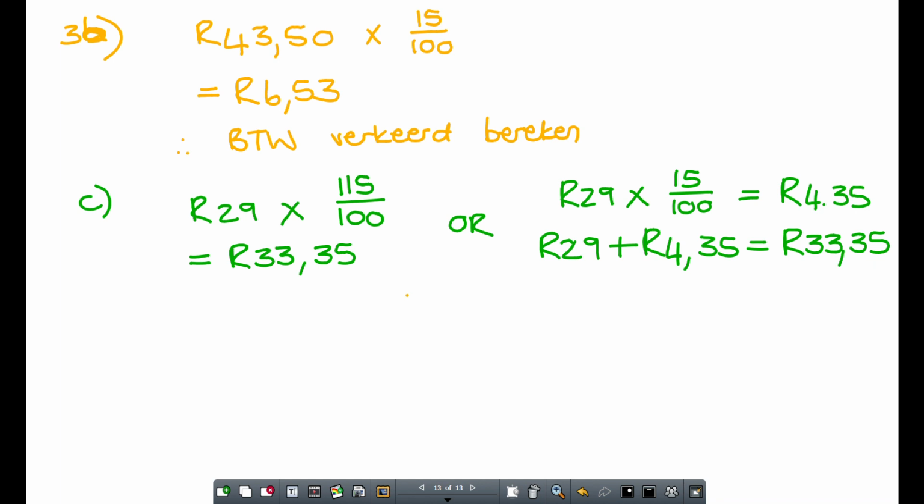Okay, so either the left-hand side option or the right-hand side option. Same thing, no? Okay, any questions there?